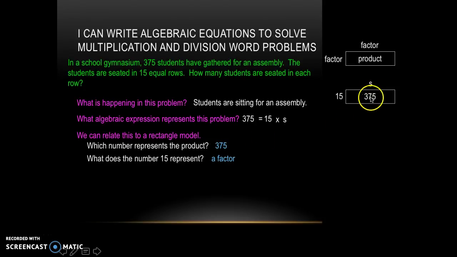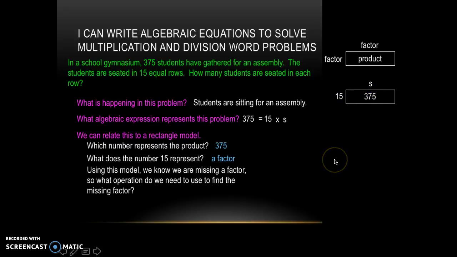So what we have here is the product on the inside. 15 times an unknown number of students is going to give us 375. So to solve this, what we could do is start with the 375, divide by 15, and we can get our missing number.